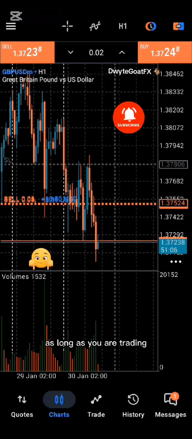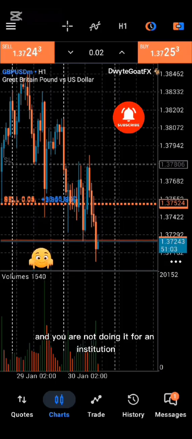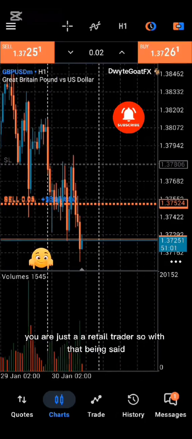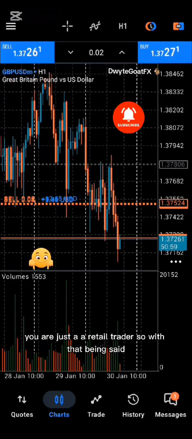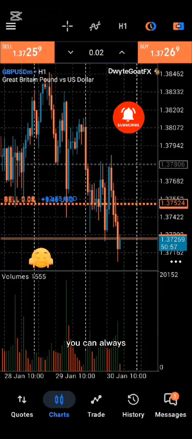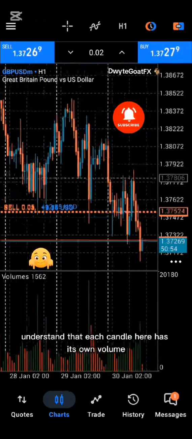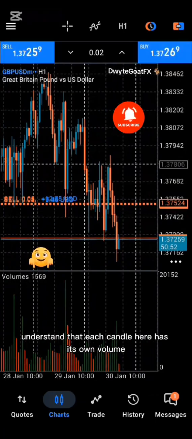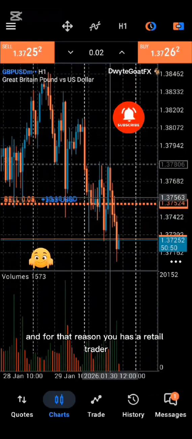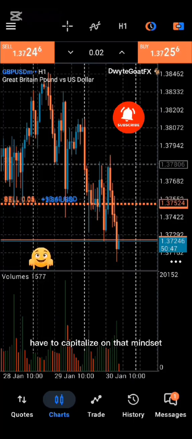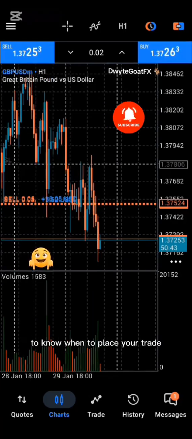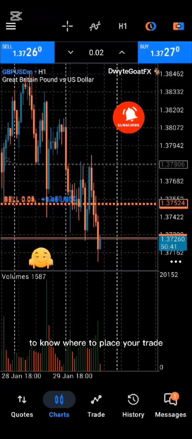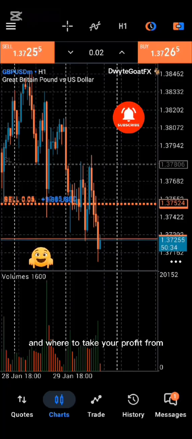As long as you are not trading for an institution, you are just a retail trader. So each candle here has its own volume, and for that reason you as a retail trader have to capitalize on that mindset to know when to place your trade, where to place your trade, and when and where to take your profit.